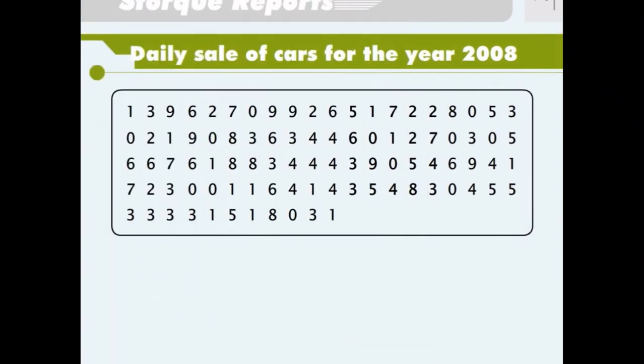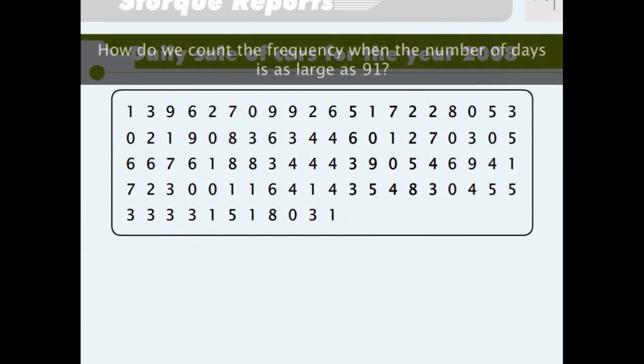We've just learned how to prepare a frequency distribution table of daily sales for 31 days. Now, suppose the daily sales were recorded for the first quarter of the year 2008. The number of days in the quarter was 91. But how can you count the frequency when the number of days is as large as 91? Let's find out.